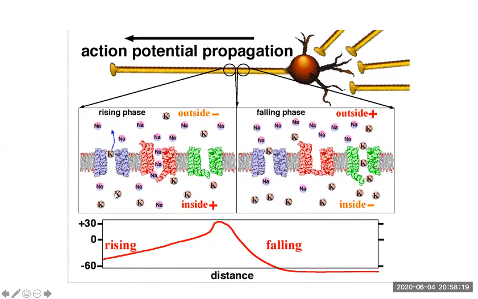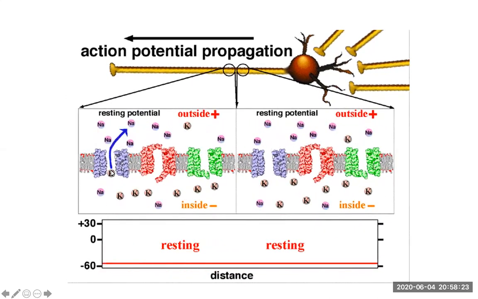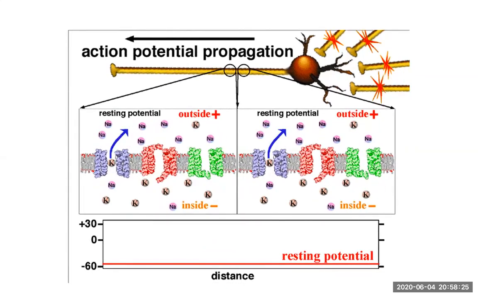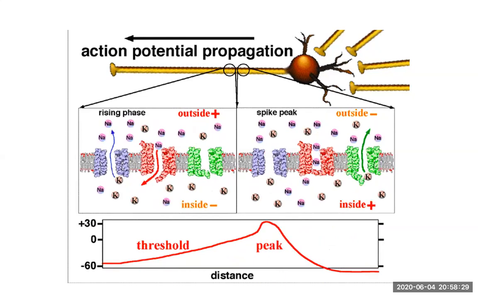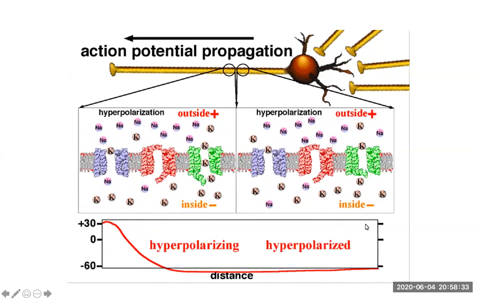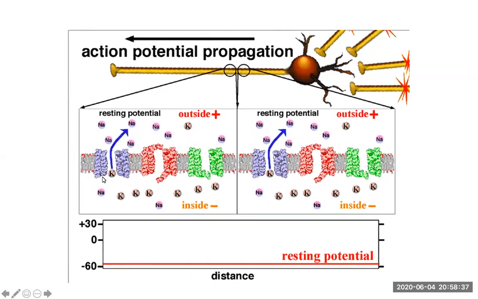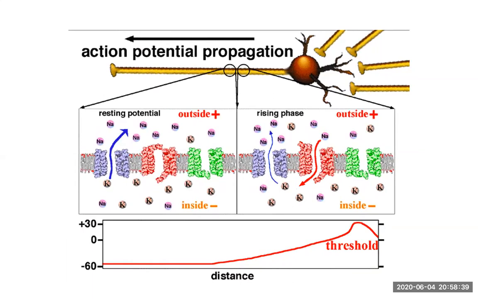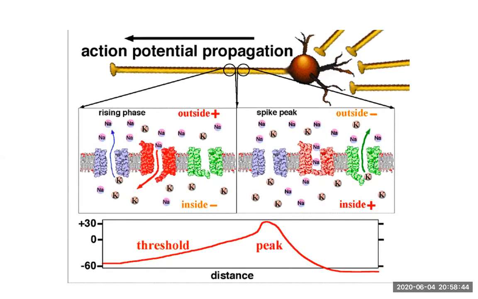When potassium ions leave the cell, that causes repolarization. Repolarizing means positive charges are leaving, so the inside of the cell will become more negative again. We'll talk about what hyperpolarizing means because your potassium channels remain open for a little bit longer than normal, leading to an extra negative phase in the graph.